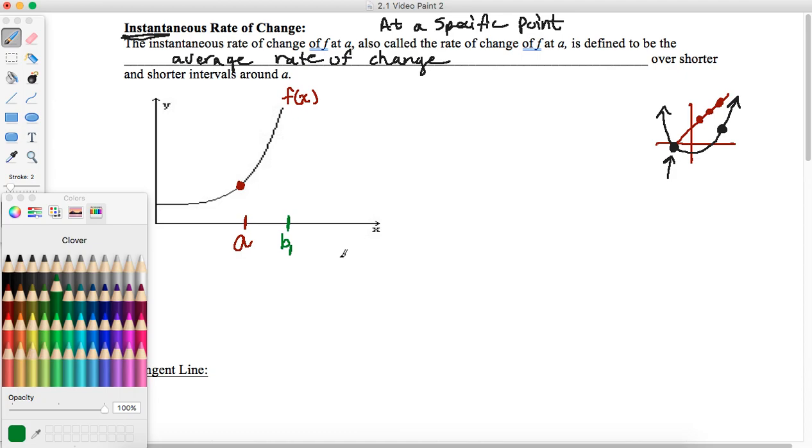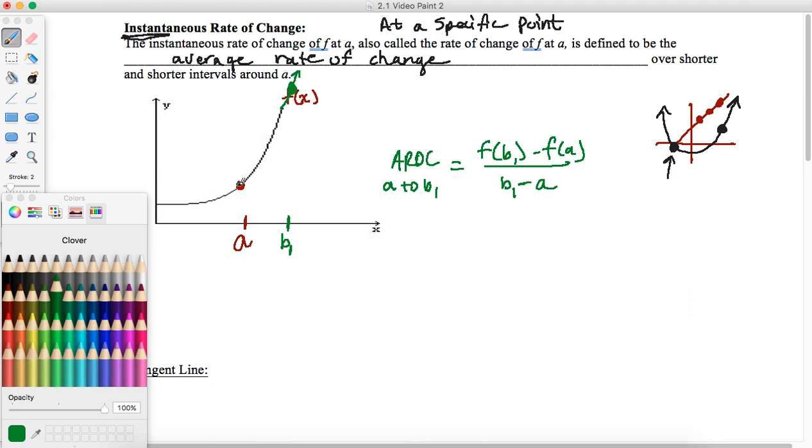And I would calculate the average rate of change from A to B1, right? Let's see, my function continues like this, and B1 is up here, the functional value, right? Well, my average rate of change from A to B1 would be f of B1 minus f of A all over B1 minus A, okay?